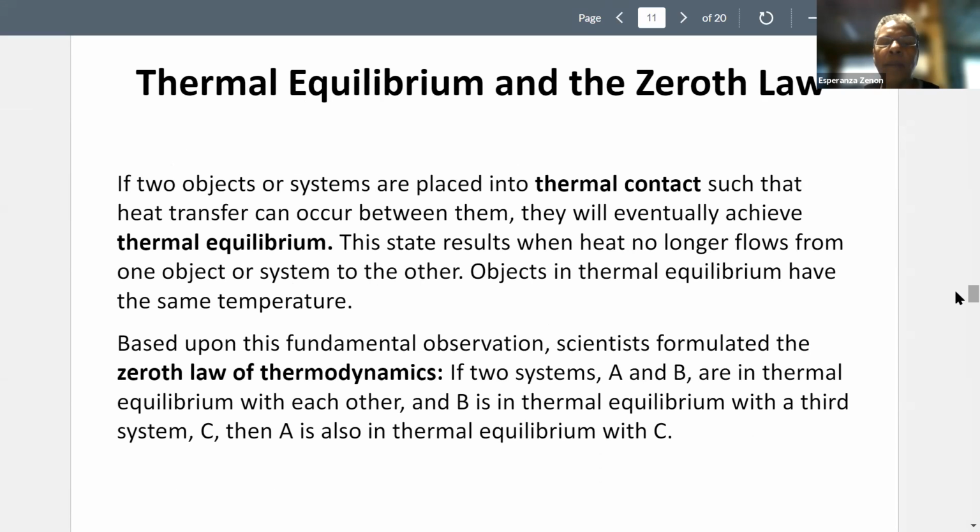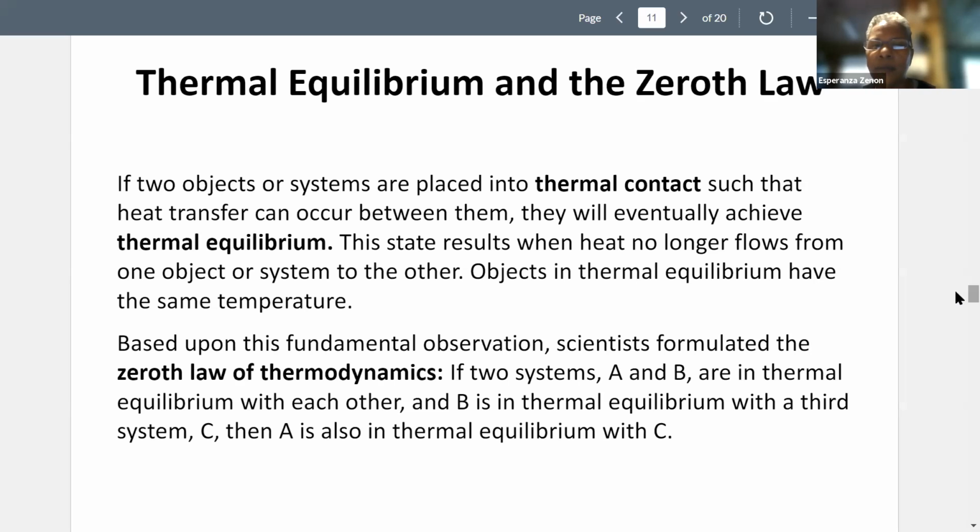And basically what it says is, and if you're thinking about this, you might have had opportunity to experience what they're talking about here. So imagine if you have items that are at different temperatures and you bring them in contact with each other.